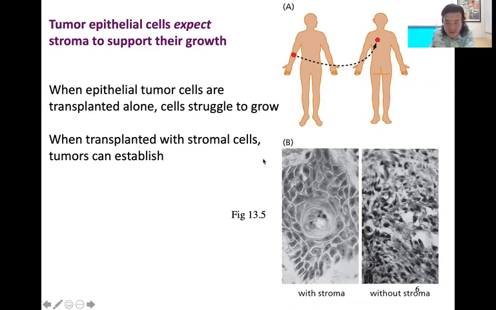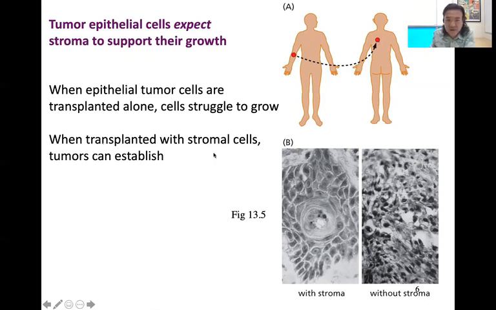But what they found, okay, so you give them some credit, because it's because they were able to do kind of barbaric stuff like this that they made some important discoveries, right? And that is when the epithelial tumor cells are transplanted alone, just the actual cancer cells, from the arm to the back, the cells struggle to grow, right? So they struggle to form a new tumor on the back.